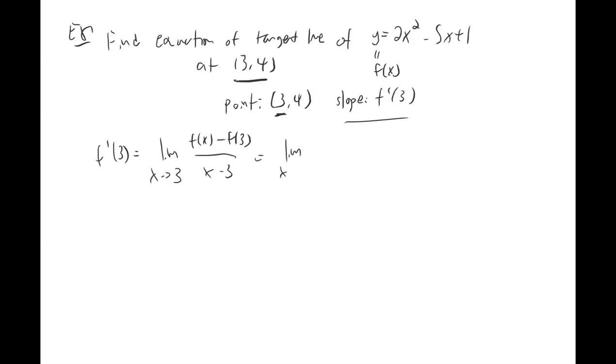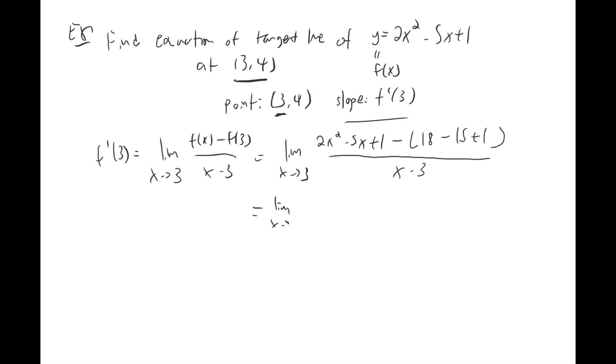And then it's just algebra from here on. 2x squared minus 5x plus 1 minus, 3 squared is 9, 9 times 2 is 18, minus 15 plus 1, over x minus 3. Please tell me if my algebra is wrong. 3 plus 1 is 4. 1 minus 4 is -3.